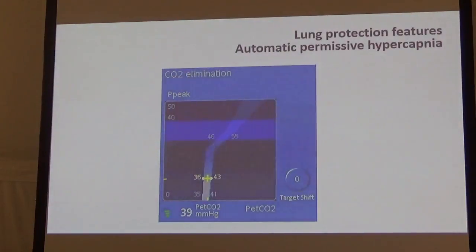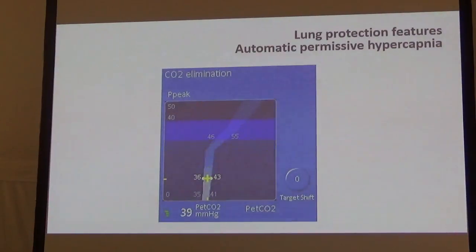So this closed-loop mode has a lot of lung protection features that are by design, and I will describe some of them. First of all, it allows a sort of automatic permissive hypercapnia. Look, this is the end-tidal CO2 range. So, for example, we set between 36 and 43 as a target range for end-tidal CO2.